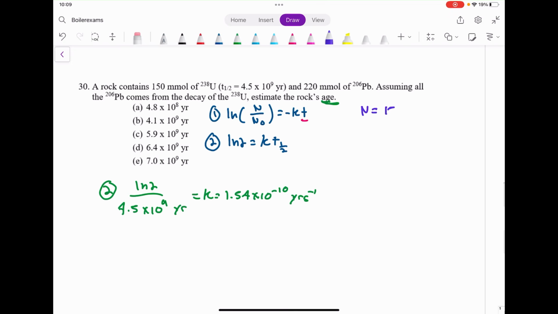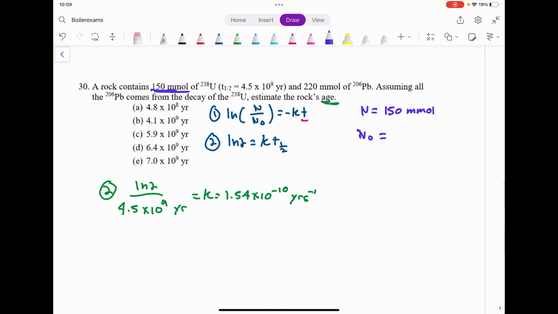This is going to be our 150 millimoles. Because time t equals 0 is like when the rock is first spawned into existence. And then the age is the amount of time that has passed from that point. And at that point, which is present, we have this many millimoles of the uranium-238.